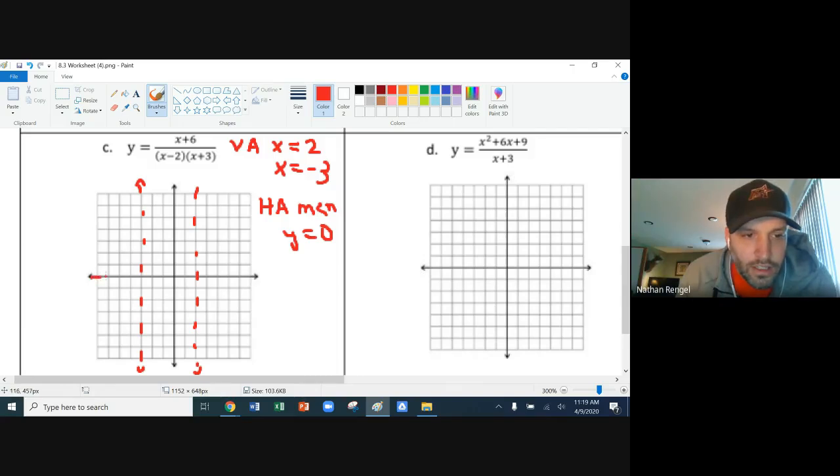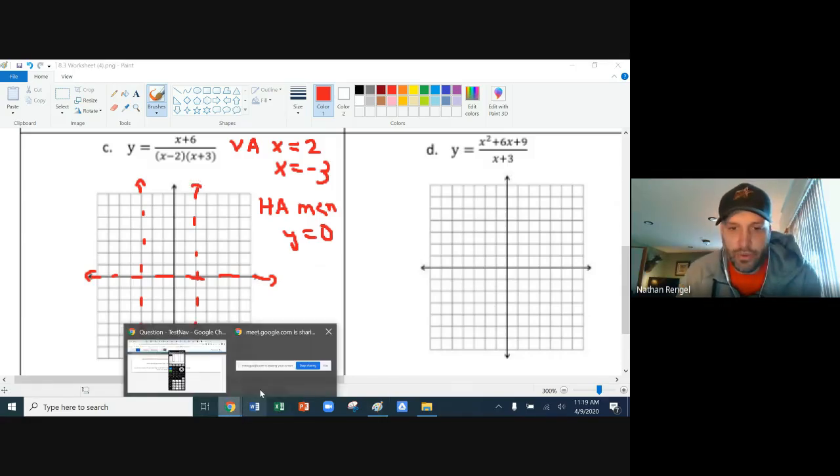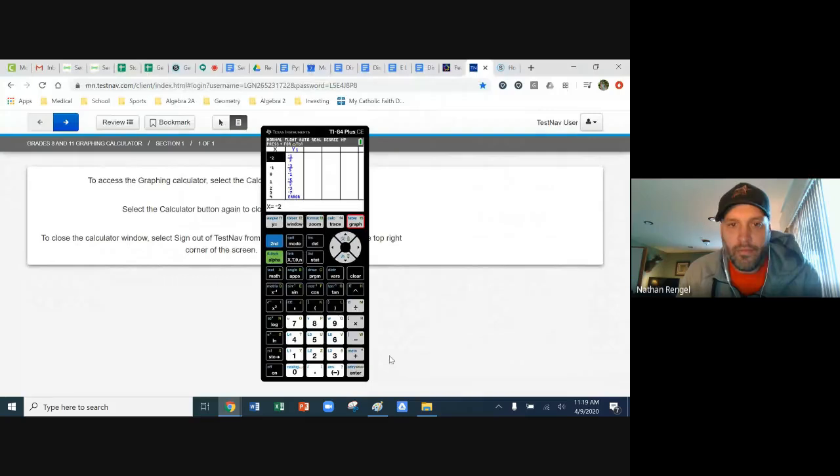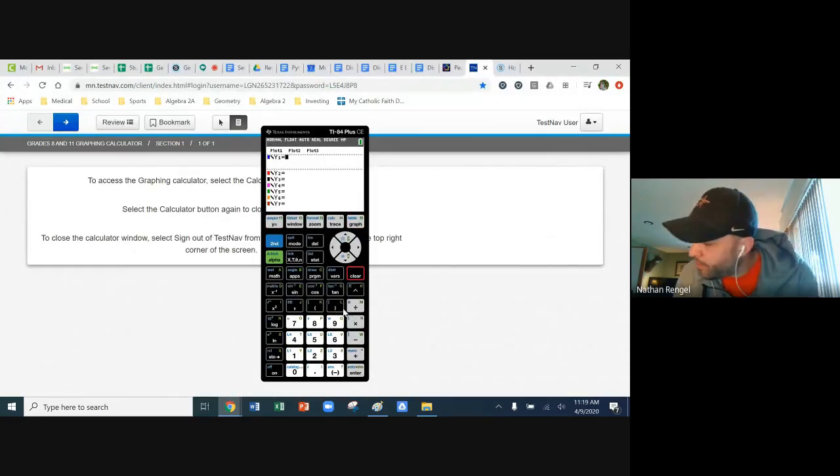Head to your x-axis, there's your last asymptote. And there we go. Now we're ready to graph. So we'll head back to the calculator. We'll just get a shape of what this is looking like, and then we will sketch it out. So we'll head into here, and we'll put in our numerator. We're going to have x plus 6.